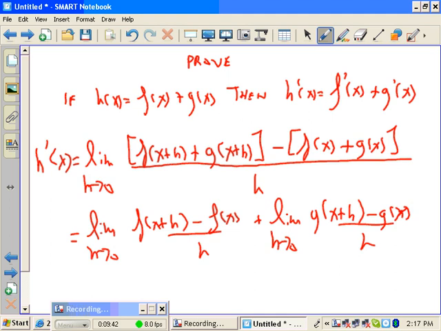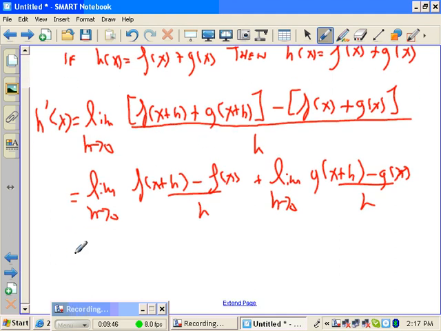So is our guess correct? Yeah, because what's the name of this? You rename this how? That's by definition f prime. Plus g prime. That's it, done.